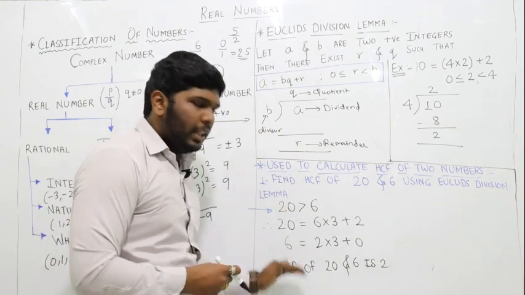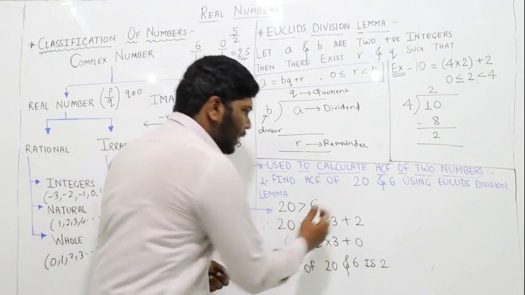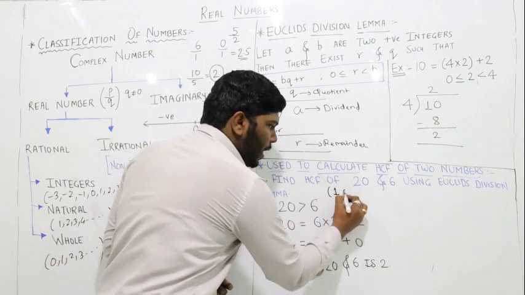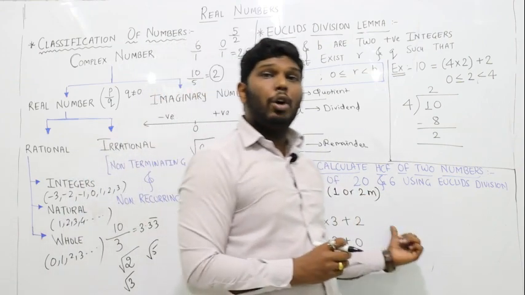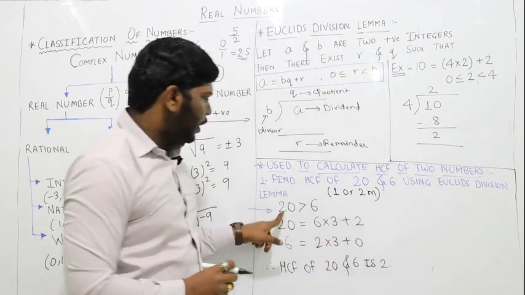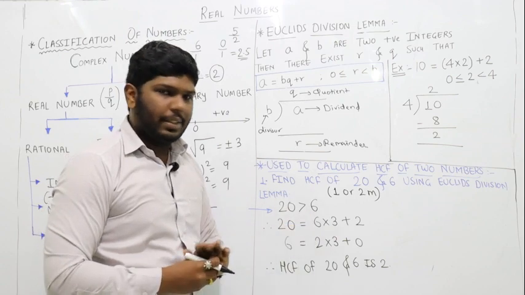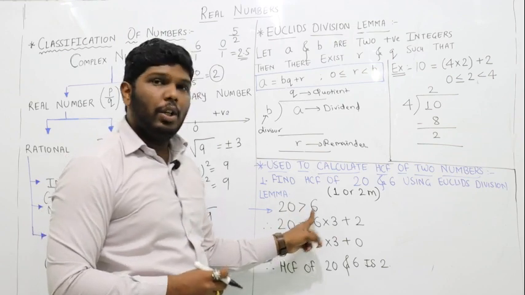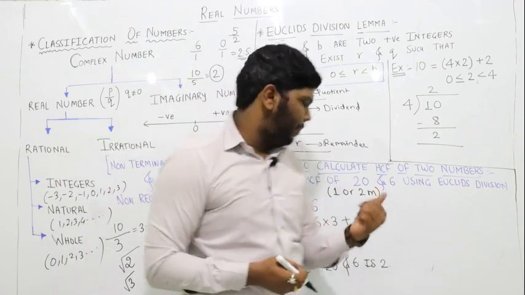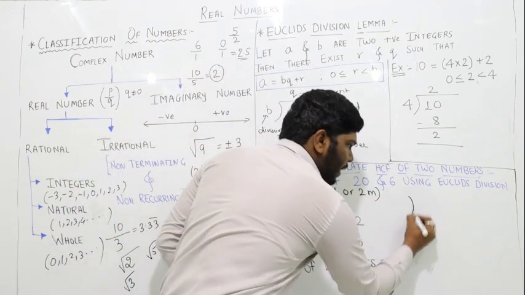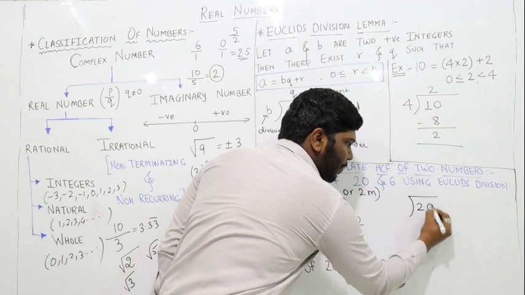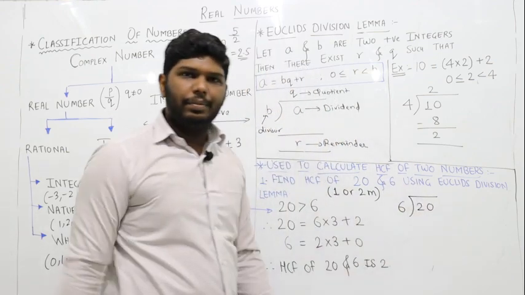Now how to proceed with such questions? Such a question you can expect for 1 mark or 2 marks. If the values are bigger, then it will come for 2 marks. Two numbers are there, 20 and 6. Out of these two numbers, you have to decide which one is greater. So 20 is greater than 6. So we will divide the greater number 20 by the smaller number 6.